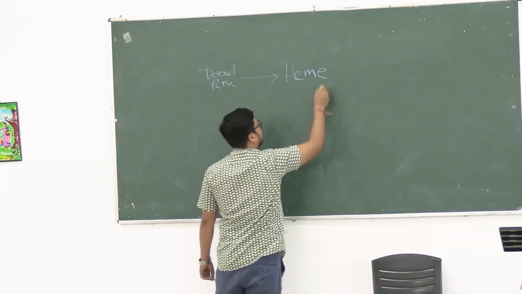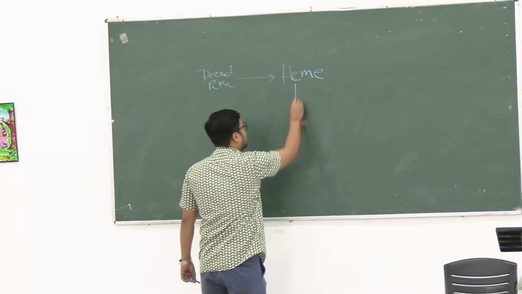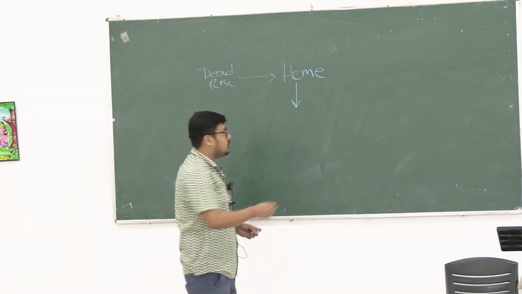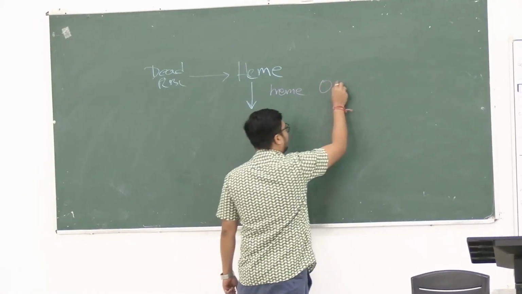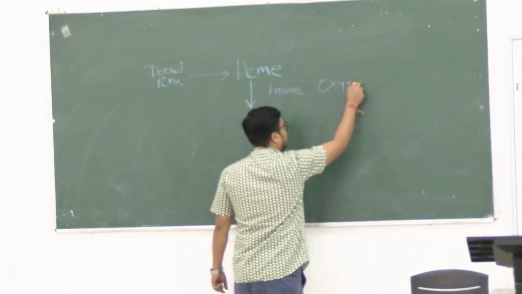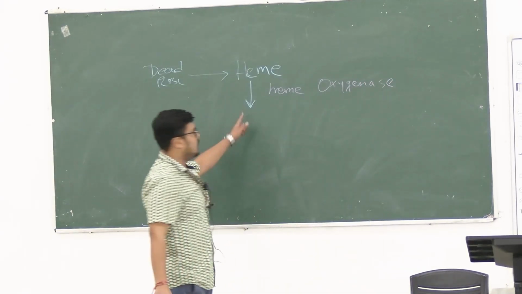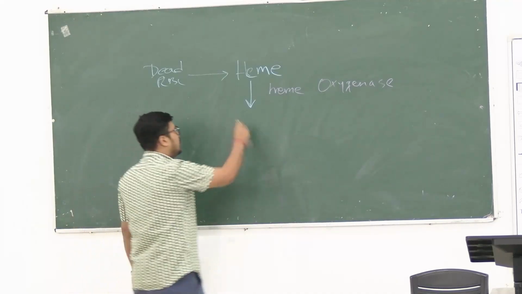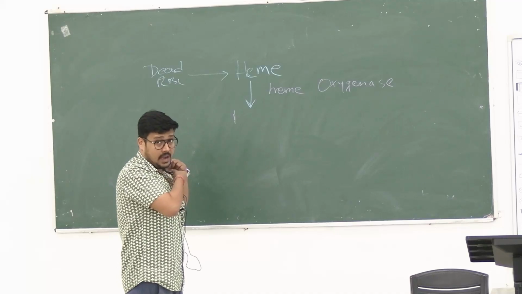So heme is a breakdown product, okay? Now, under the action of a certain enzyme called heme oxygenase, heme is converted to the precursor molecule of bilirubin known as biliverdin. Very good.